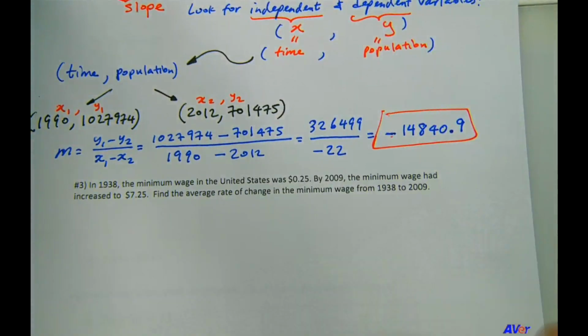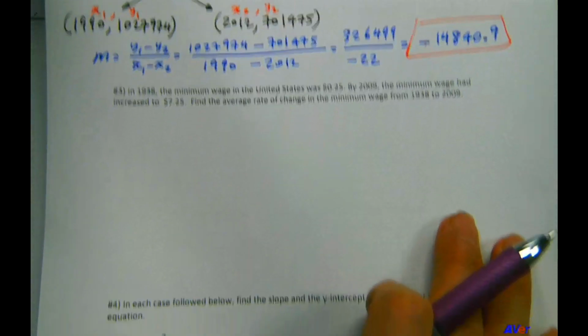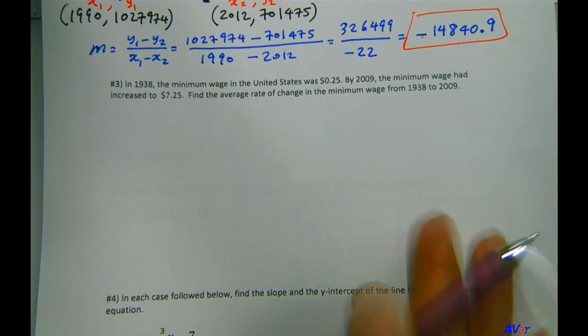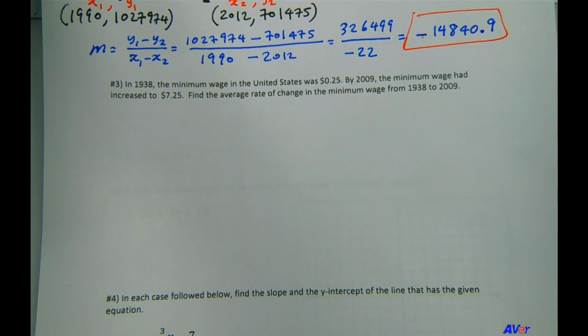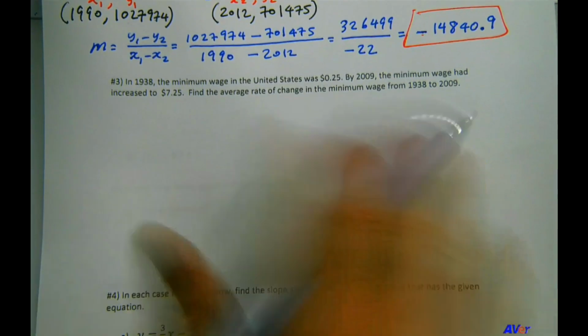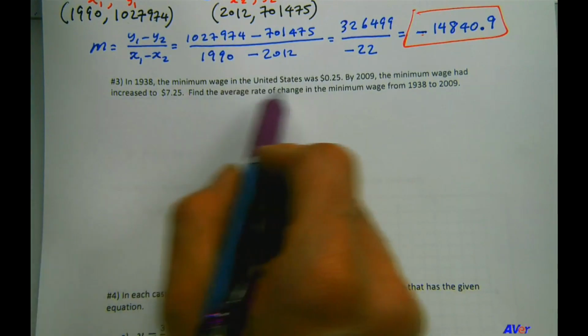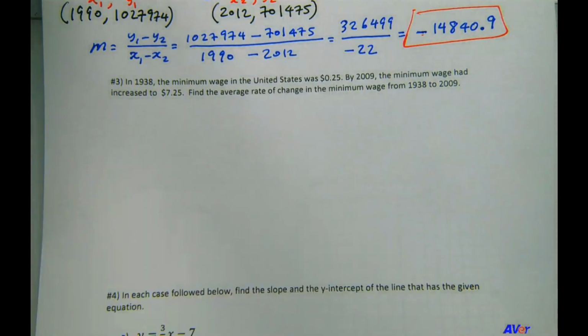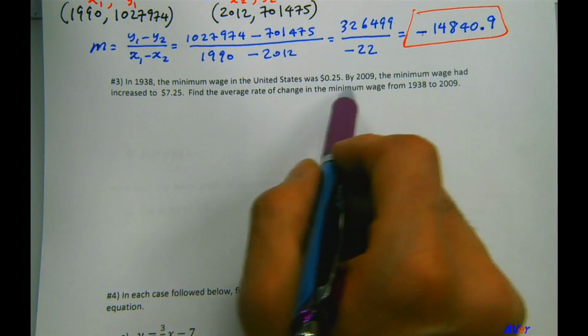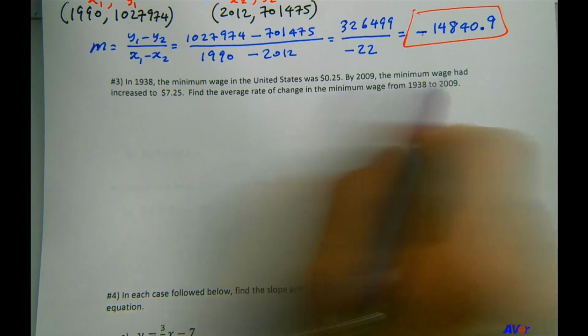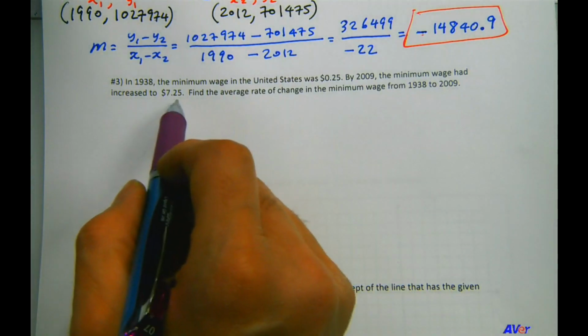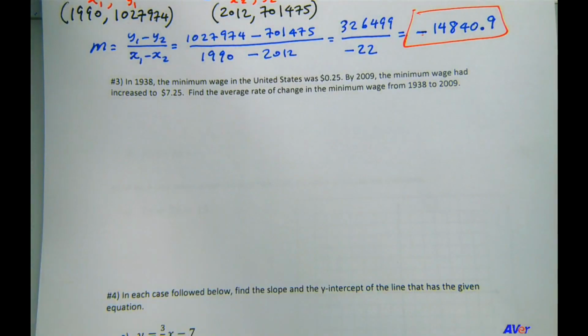Okay, so here number 3 is another problem we have. It says in 1938 the minimum wage in the United States was 25 cents. By 2009 the minimum wage had increased to $7.25.